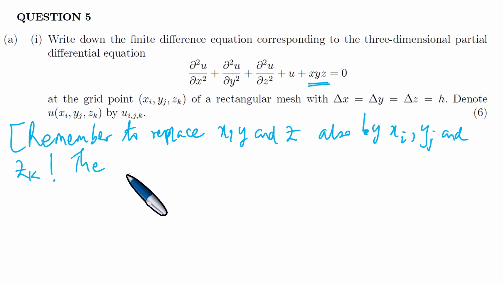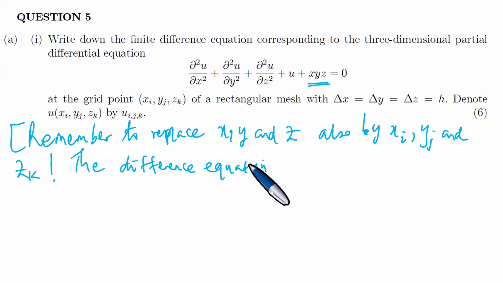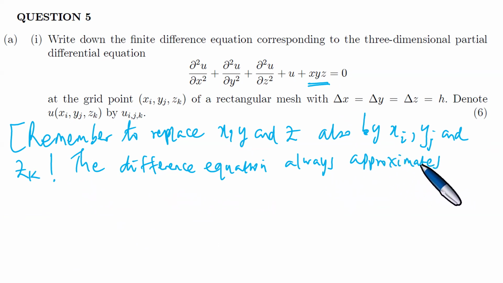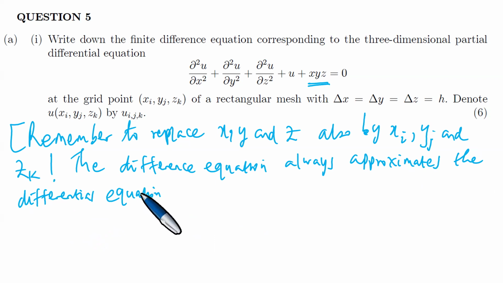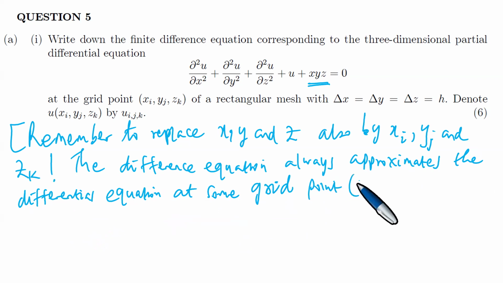Moreover, we note that the actual fundamental difference, what you call the difference equation, right? So the difference equation always approximates the differential equation at some grid point, and this grid point, an arbitrary grid point, being some x_i, y_j, and z_k.